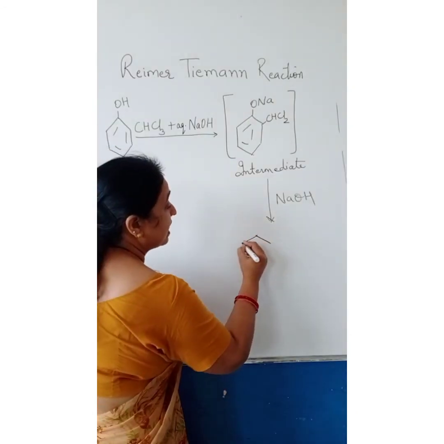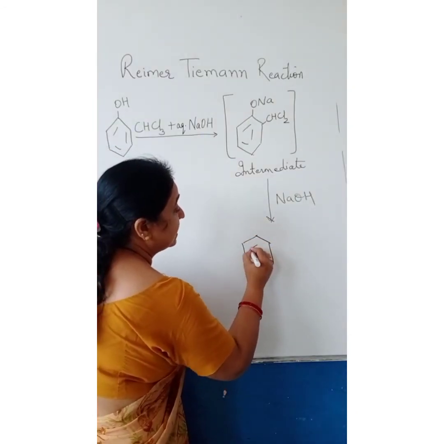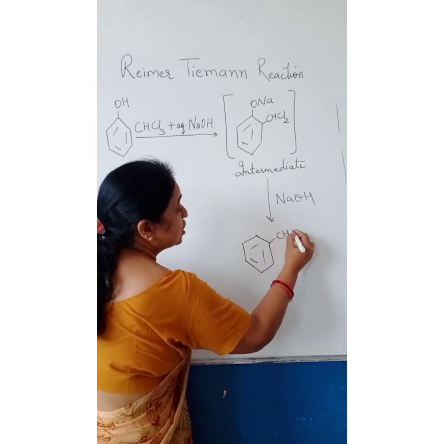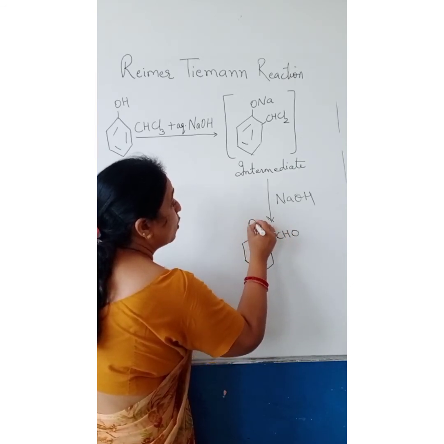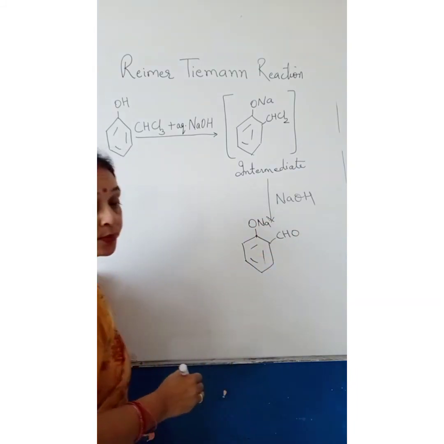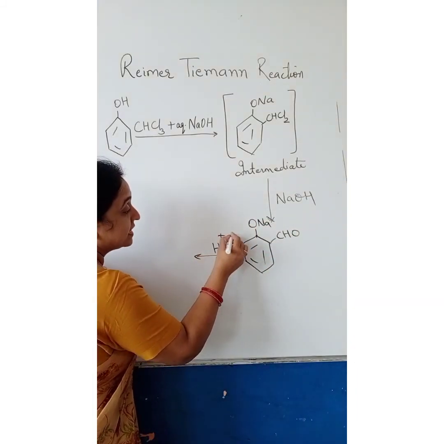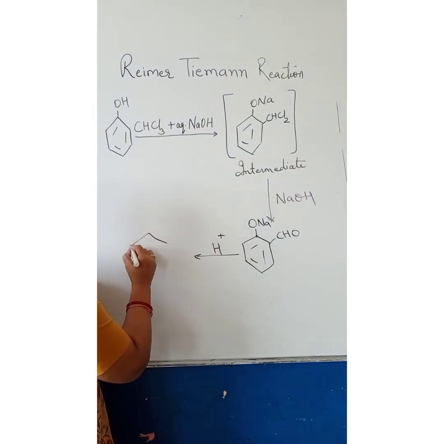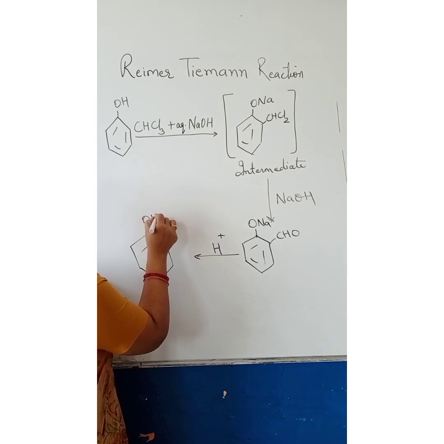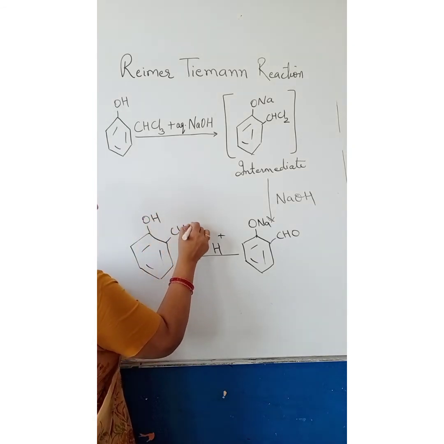So what are we left with? We are left with CHO and ONa is already there. Now this in presence of acidic medium forms again OH, and CHO is introduced.